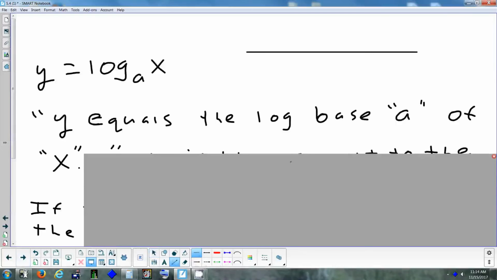And if you were writing it on lined paper, just to show you the placement of the letters, y equals, and I'll just make up some numbers, log base 3 of 2. It's not that the 2 is an exponent. The 2 is right on the line with everything else. That would be an exponent, 2 to the 8th. So the 3 is actually a subscript. It's below the line. The 2 is right on the line. The 2 is not an exponent. So that's y equals log base 3 of 2.